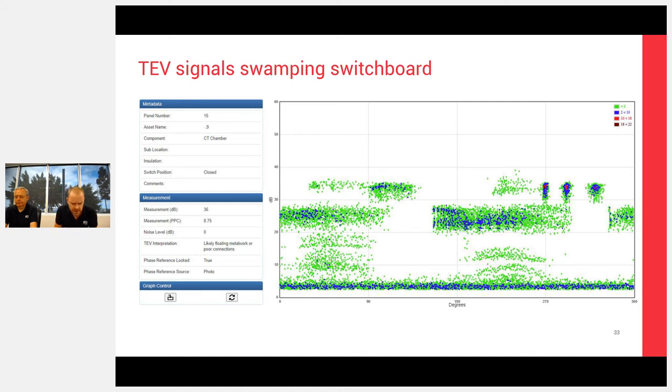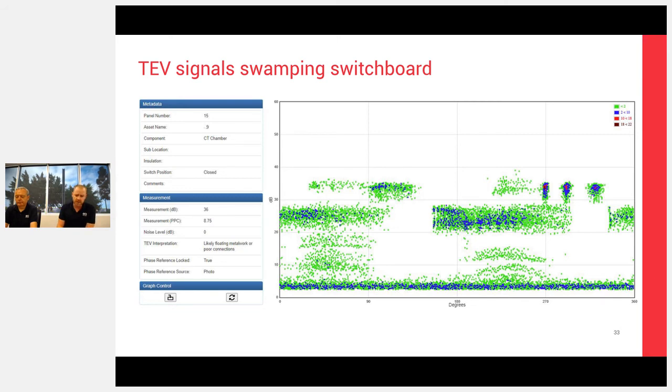You can see the TEV interpretation on the left-hand side there, in this case, is correct. It's saying likely floating metalwork or poor connections, and that's just based on the decibel level and the pulse per cycle count. But I can also look at that picture and say to myself, well, that's imported signals. Those signals aren't coming from inside the switchboard, because I can see them on the whole switchboard, basically.